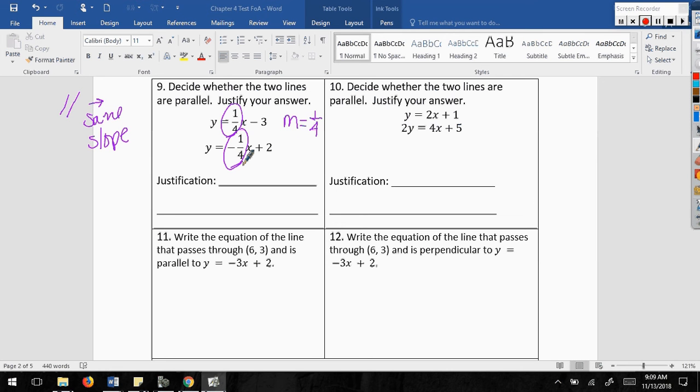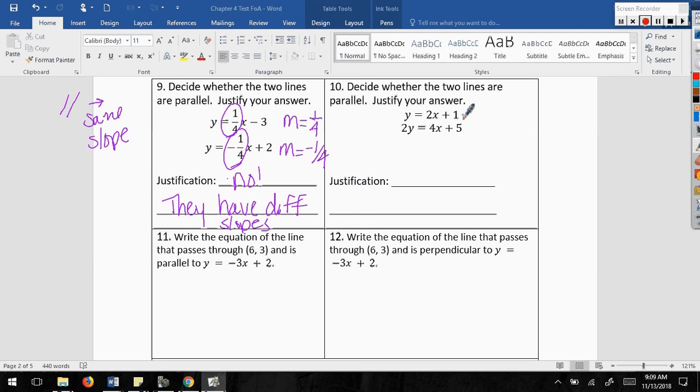And the slope here, because that's slope-intercept form, is negative 1/4. So the question is, are those the same? No, they're not the same. So no, these lines are not parallel because they have different slopes. Okay? On to number 10.